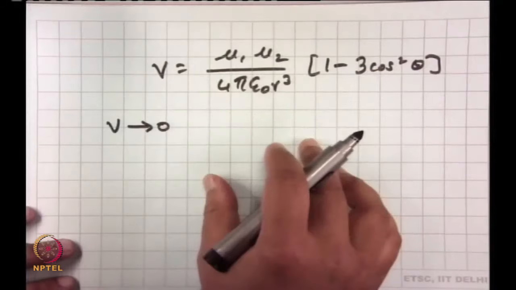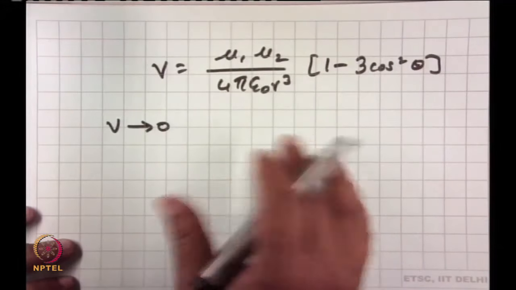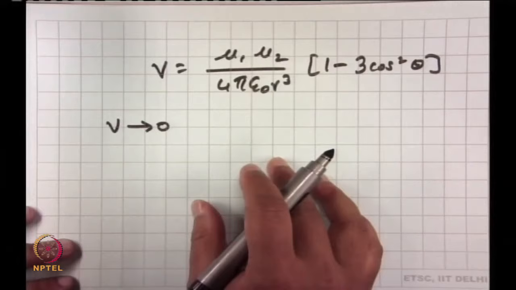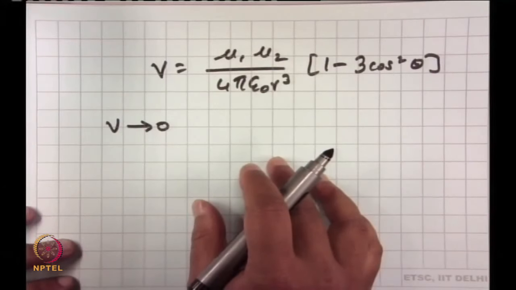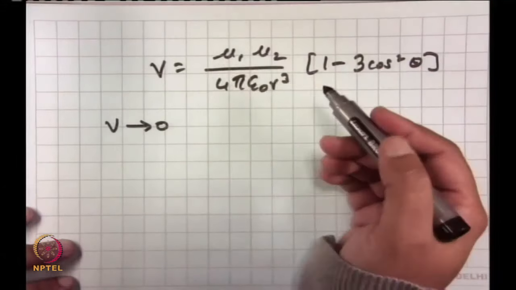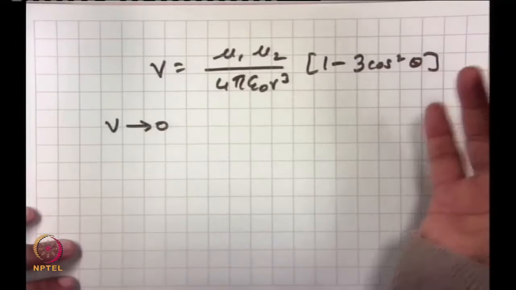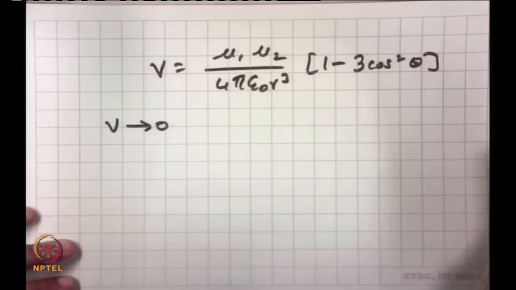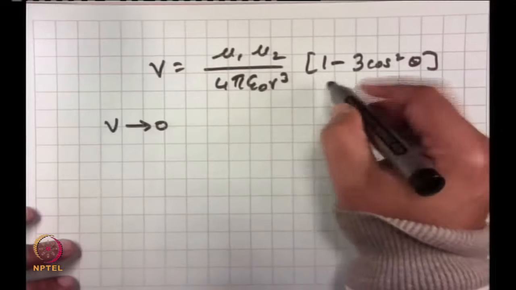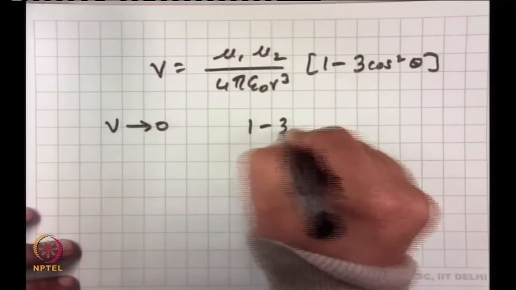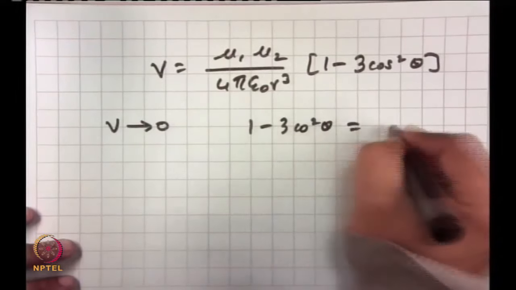Can you tell me? Any factor I can say tends to 0? See mu 1 and mu 2 cannot be 0, right, because we know they have dipoles, that is a given. If mu 1 is 0, then obviously we are not going to talk about anything else. So, that means 1 minus 3 cosine squared theta should go to 0.